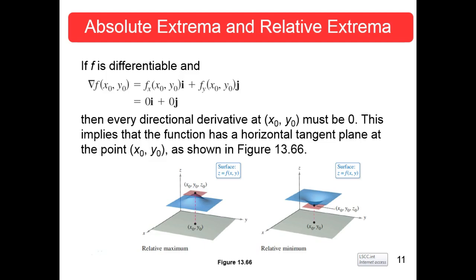If you had a valley down there, and this is the deepest point in that valley, then if the partial of f with respect to x is 0, partial of f with respect to y is 0, then that is your tangent plane, and that is a relative minimum. Okay?